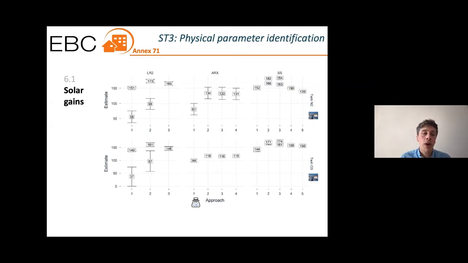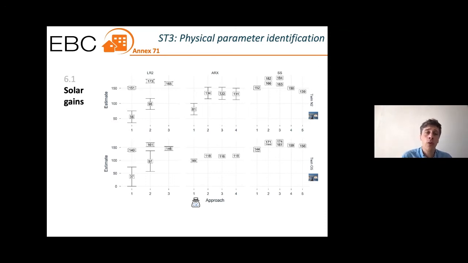One thing we see from this graph is when you go from approach 1 to 2. Each of the 6 graphs that you see here has numbers along the x-axis. These identify the approaches that we took. Approach 1 is neglecting solar gains. Approach 2 is assuming a constant solar transmittance and assuming only one input for solar irradiance.